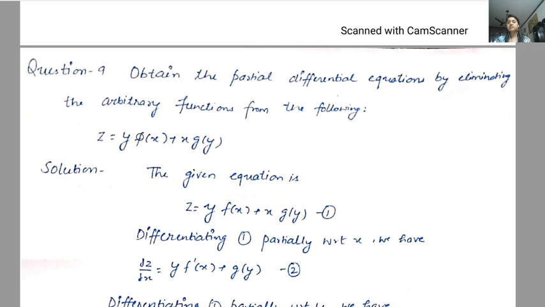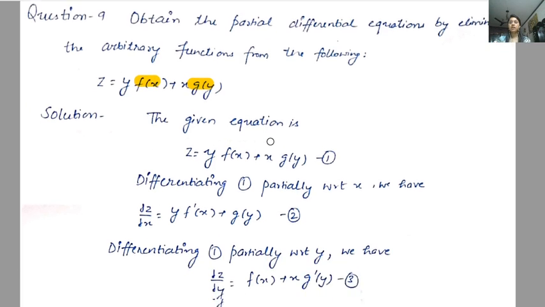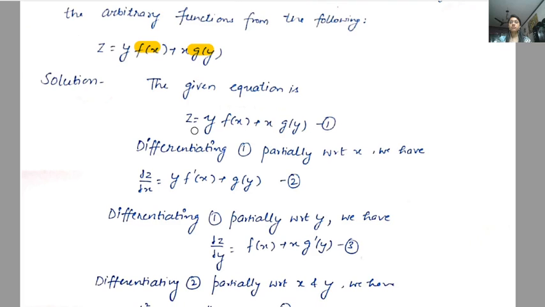Here in this relation, we have two arbitrary functions f(x) and g(y). We have to eliminate these functions to obtain the partial differential equation. Let this equation be numbered as 1.